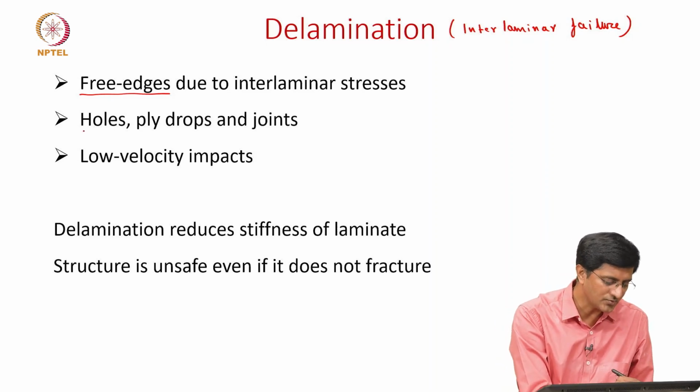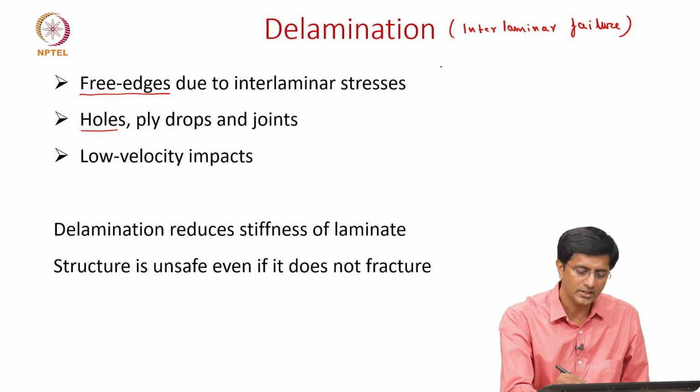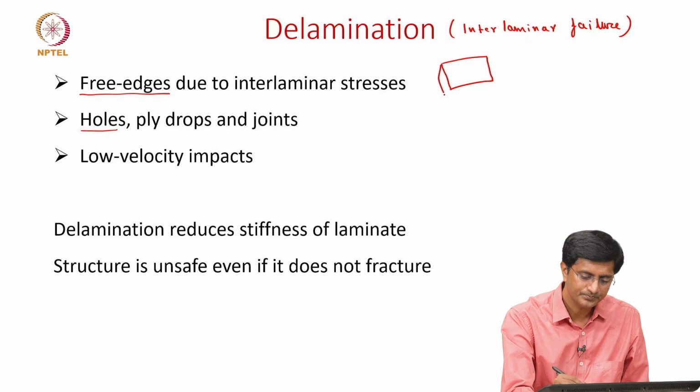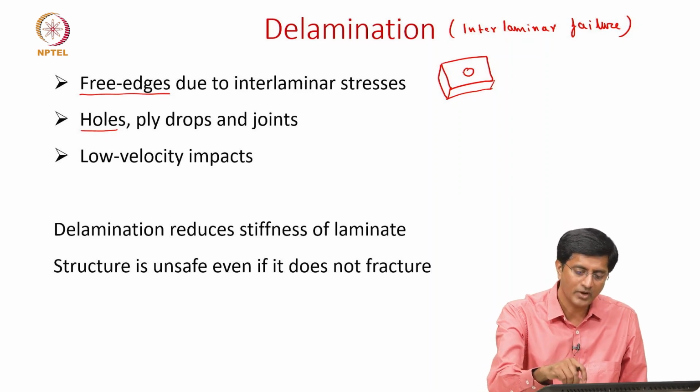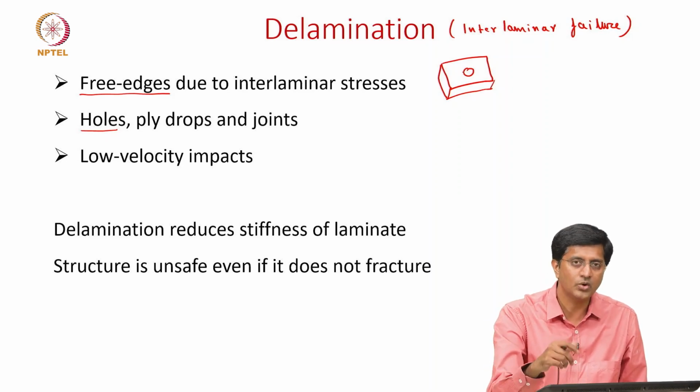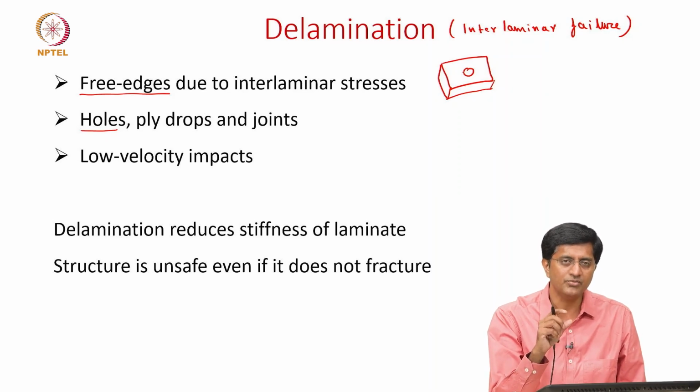There are other places where it delaminates, such as close to holes. Let's say in a laminate there is a hole which is drilled at the center. While drilling this hole, there is a good chance that one can create these delaminations if the drilling is not done properly.